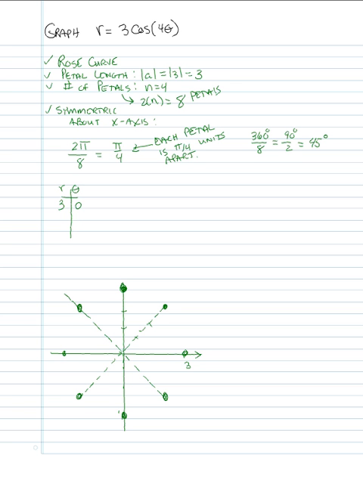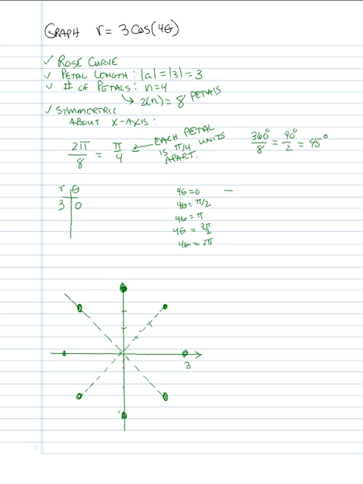The way the petals are actually drawn, we would probably need to choose theta values. We would think about what theta causes 4 theta to be 0, what theta causes 4 theta to be pi over 2, what theta causes 4 theta to be equal to pi, what theta causes 4 theta to be equal to 3 pi over 2, and so on, because it's the 0, pi over 2, pi, and 3 pi over 2 that we have special cosine values of, up to 2 pi.